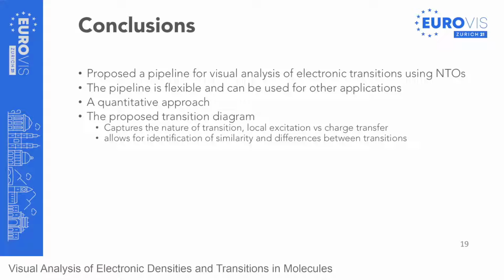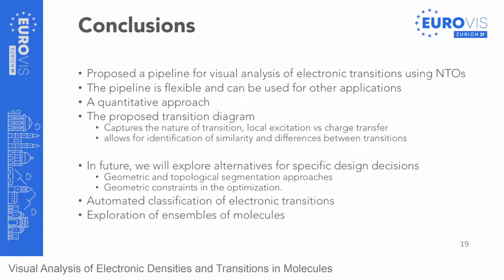The transition diagram also allows for identification of similarity and differences between different molecules. In future, we want to explore different alternatives for design decisions we use. For example, instead of a geometric approach, we can use topological segmentation approaches.